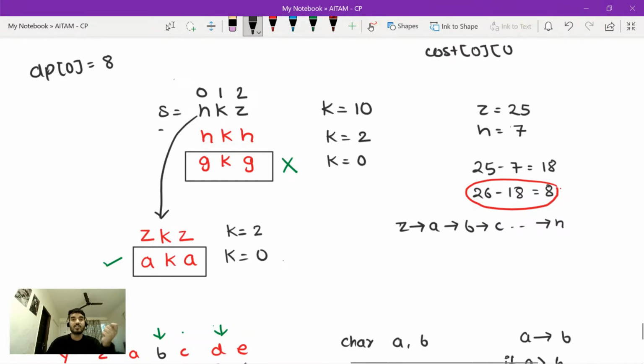Cost of 0, 0 simply means, for character a, what is the minimum operation we require to convert s of 0 and s of 2 to character a? This was simply equal to 10, because first I will convert this; the ASCII value of H is 7.